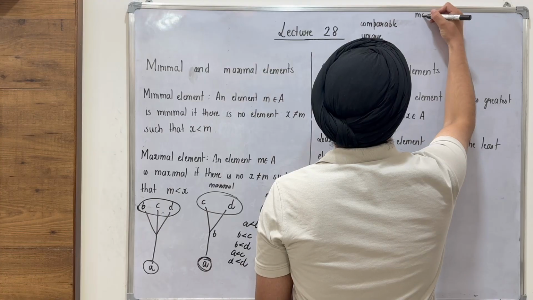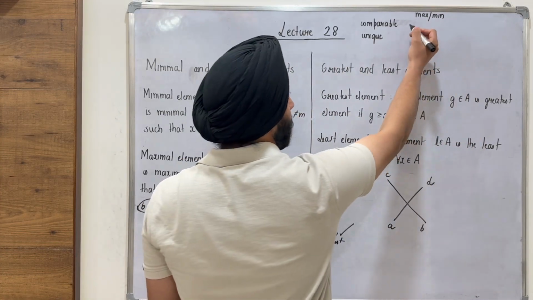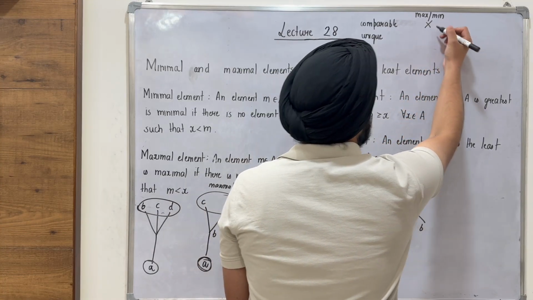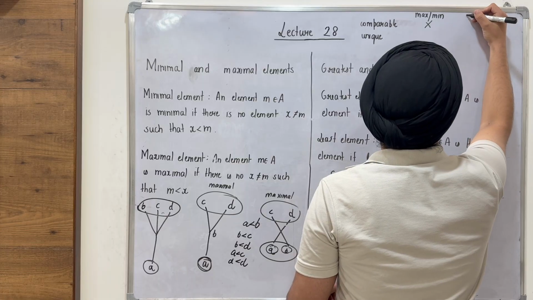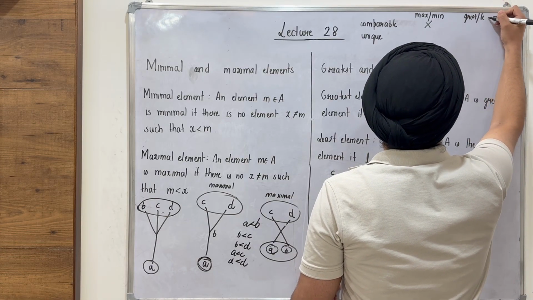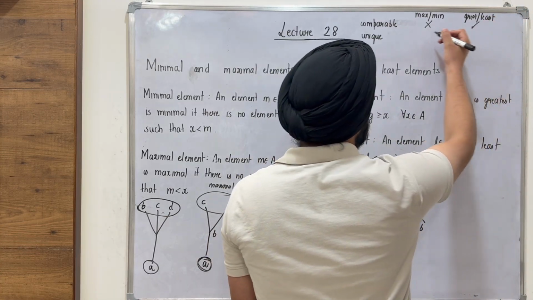So in the case of max and min, we don't necessarily have to compare them, so I can say no. In the case of greatest and least, we have to compare them, and we have to compare all of them.